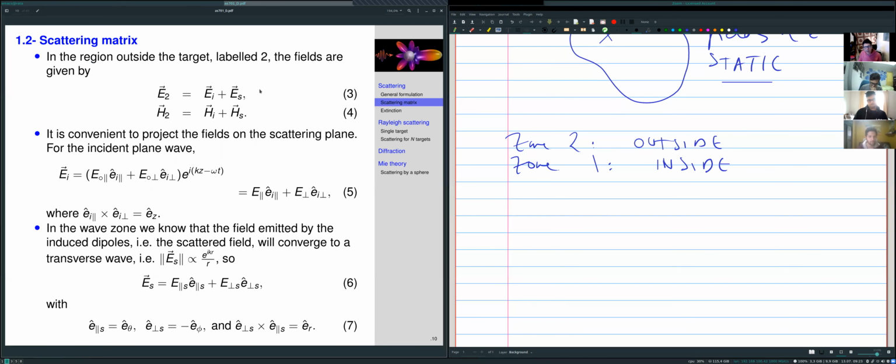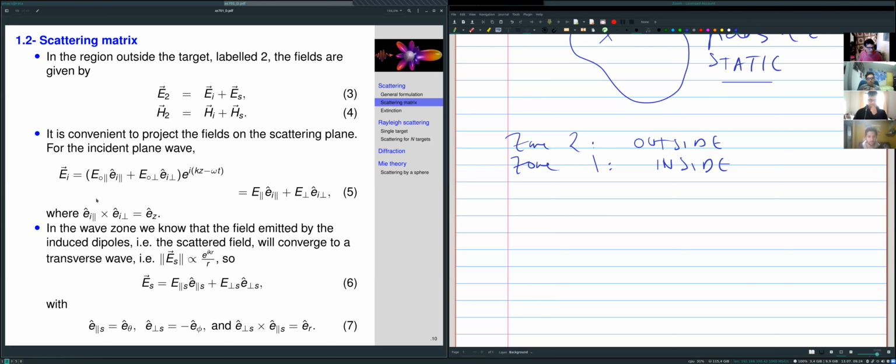So in the outside region, zone 2, the fields then are superposition of the incident electric and magnetic fields and the scattered versions. Okay, that's what we've been saying. All right. As I anticipated, it's convenient to describe the polarization state of fields onto the scattering plane.